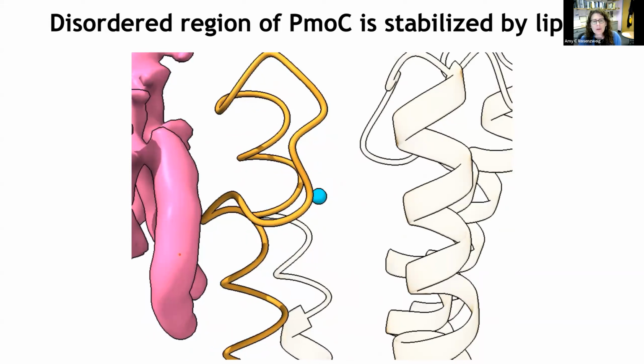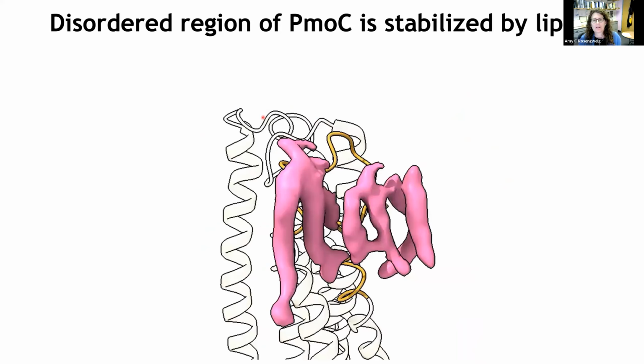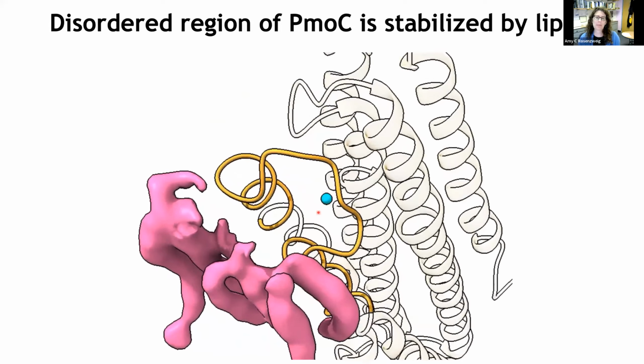And in the cryo-EM structure in the native lipid nanodiscs, it's stabilized by these lipids that are interacting with it. So that disordered region forms or completes 2 helices. So you can kind of see that there's a 4 helix bundle here. Before there was kind of nothing there, it just ended.